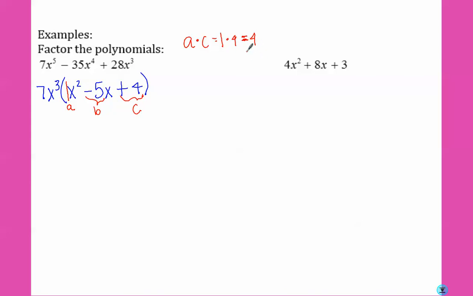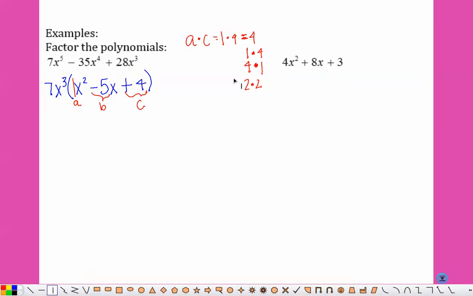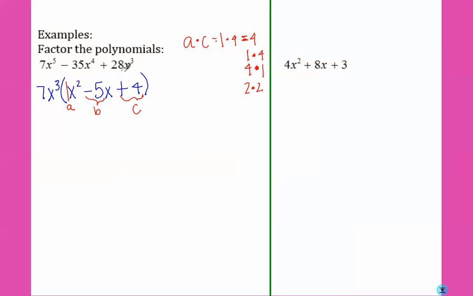So things that multiply to 4. 1 times 4, 4 times 1, 2 times 2. Now, we want to add to negative 5, but multiply to positive 4.